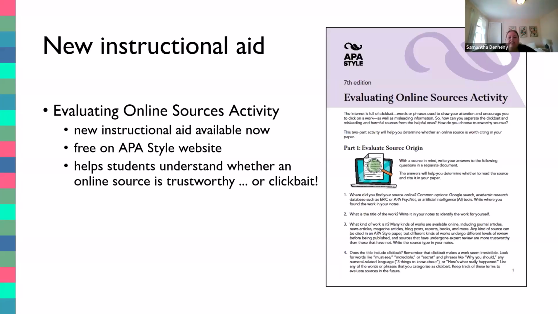And what are the things that they can notice in this source that are going to help them decide, is this something I should be citing in the first place? So if you have questions, or if you teach students, this is something that I would really recommend sharing with them. And as I mentioned, it is free on our website. So please take a look.